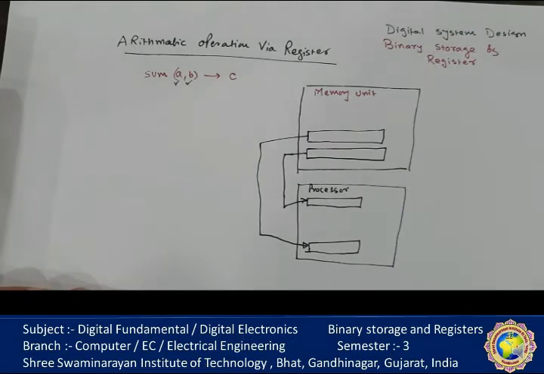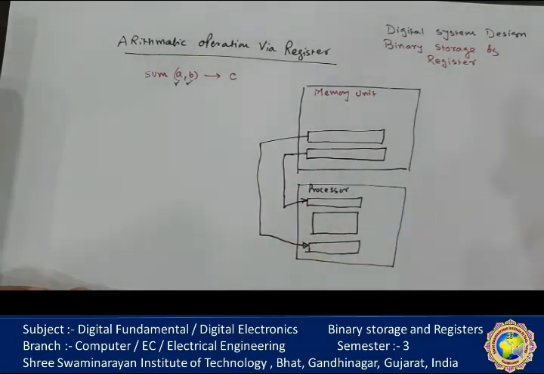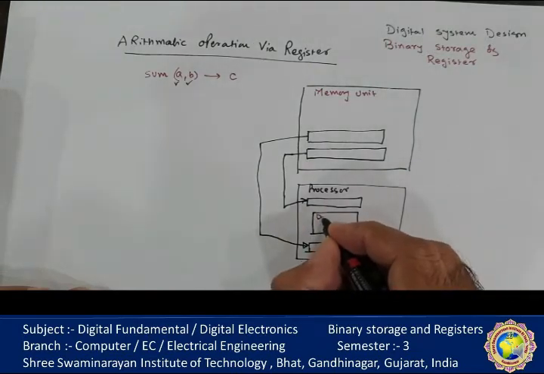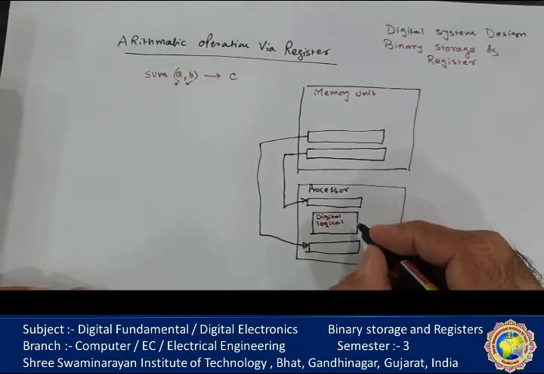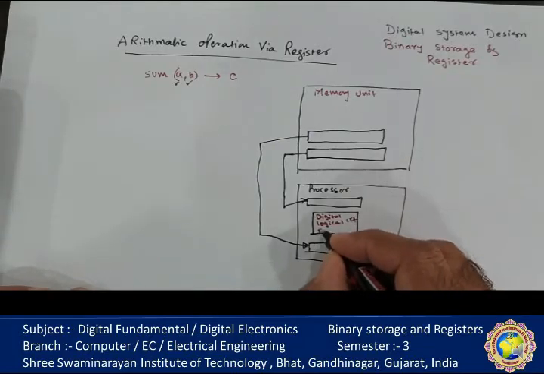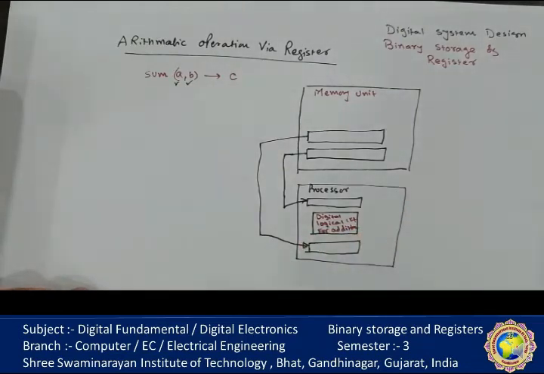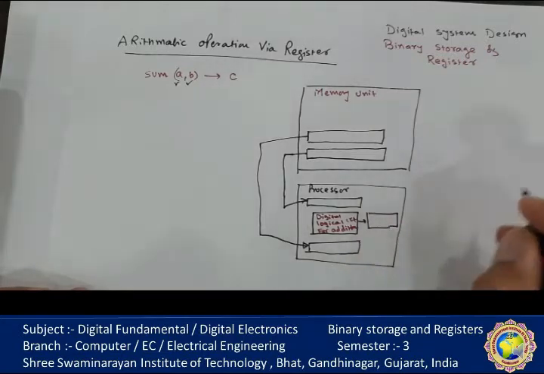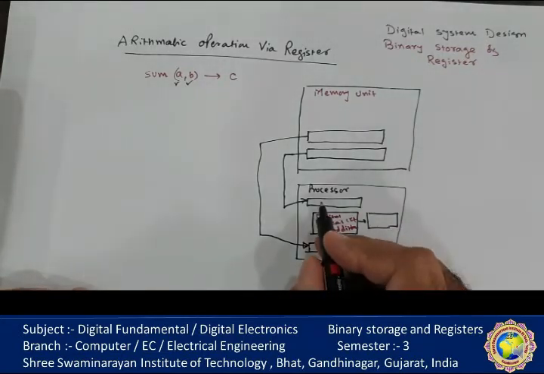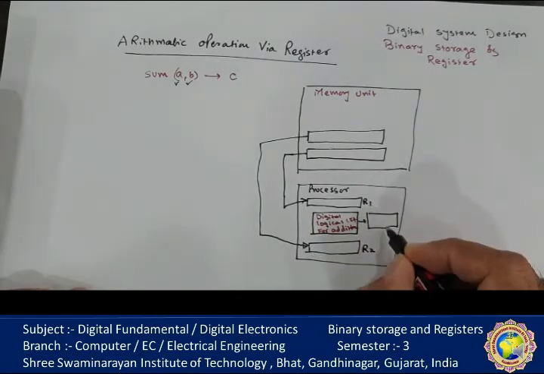There is a digital logic circuit for addition, which will generate one result, which is also stored. So in the processor unit there are three registers, R1, R2 and R3.